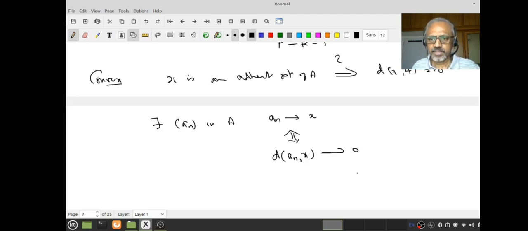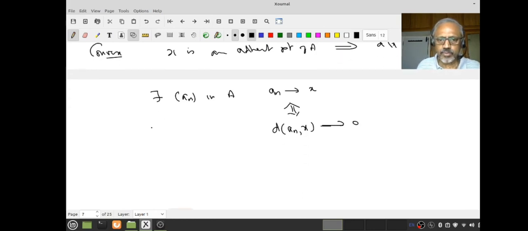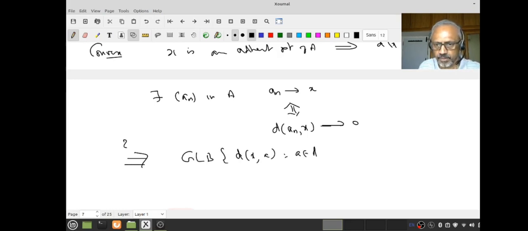You follow that? So what does that mean? So what do I want to prove? Again, I will prove it because usually I know that infimum GLB analysis is always slightly tougher for students. I will go through this. So from this, I want to conclude the GLB of d(x, a), a in A, that is nothing other than the distance between x and A, is 0. Okay, this is what I want to prove.